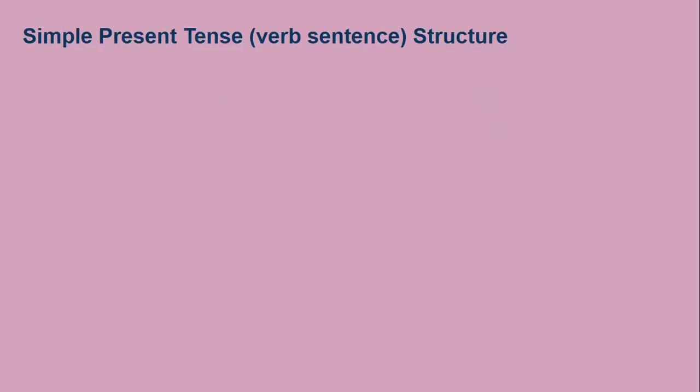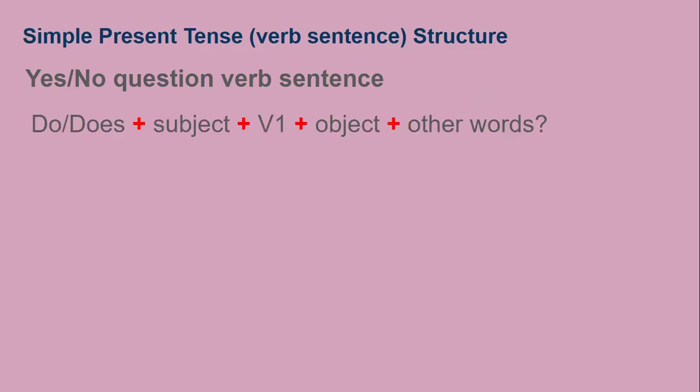So, the simple present tense verb sentence structure. Let's look at the structure first. As I said, it is the yes-no question verb sentence, meaning that we need to use a verb in our sentences, a real verb. So the structure is as follows. We first use the auxiliary verb, do or does. Then we put the subject.